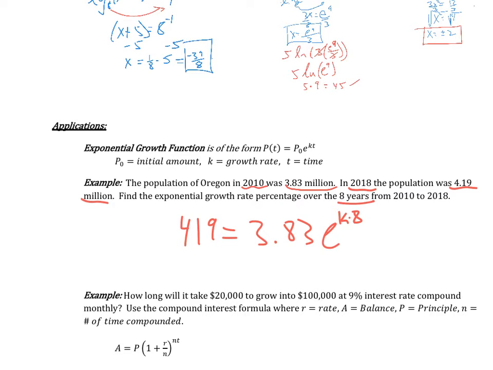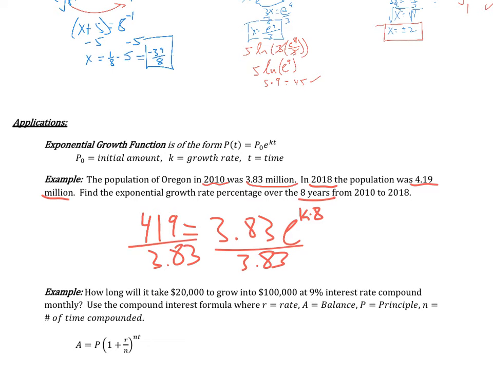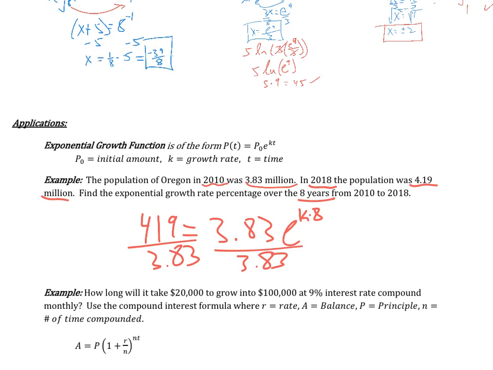Let's divide by 3.83. Using a calculator, we get 109.399, and that equals e to the k times 8. It's in exponential form right now, so we need to change it into logarithm form.